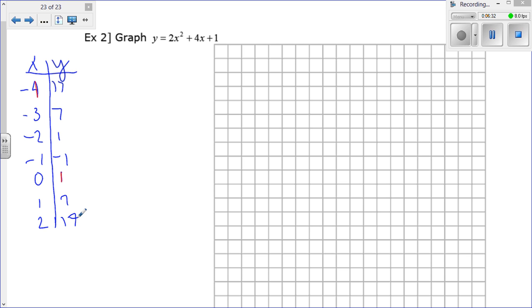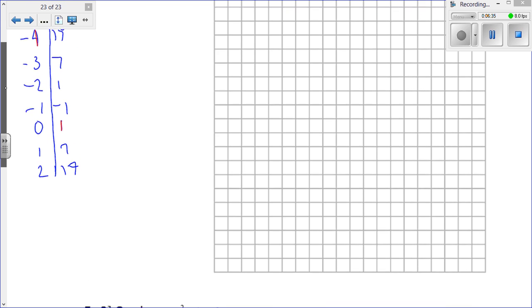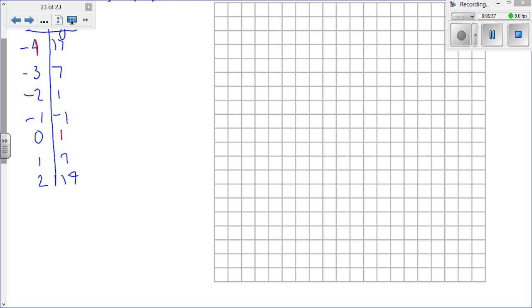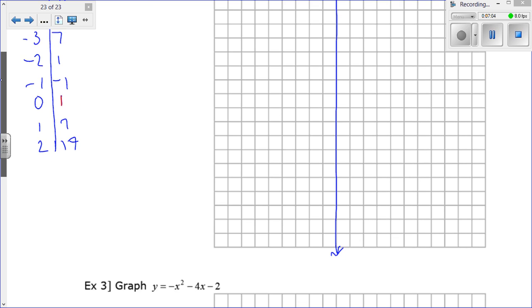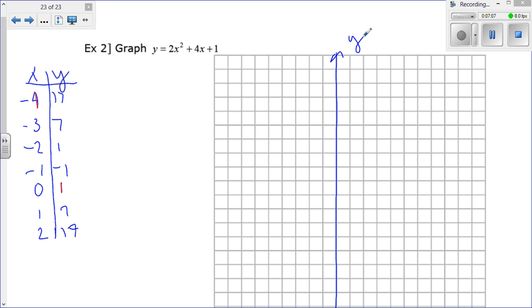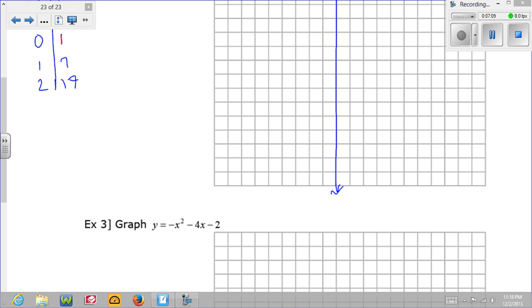Then I need to go over to my graph. It doesn't really matter where I place my y-axis because it's pretty even on both sides here. My x-axis needs to be pretty close to the bottom.